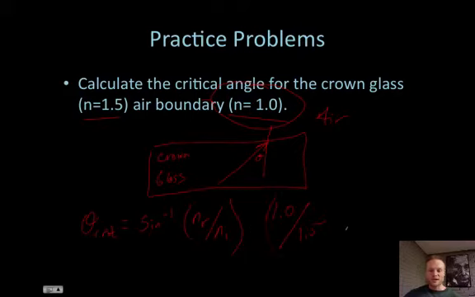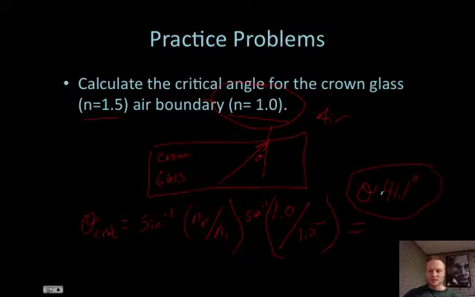And we're going to take the inverse sine of this to get an angle, and that angle equals about 41.1 degrees. So what it's saying is, if I had a light ray in this crown glass, and this angle was more than 41.1 degrees, none of the light would be able to escape into the air. It would all be reflected back into the crown glass.